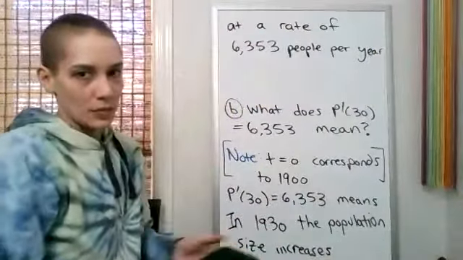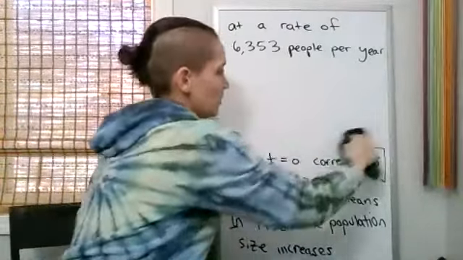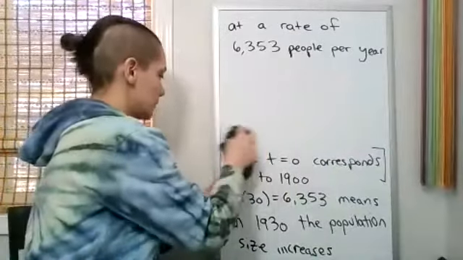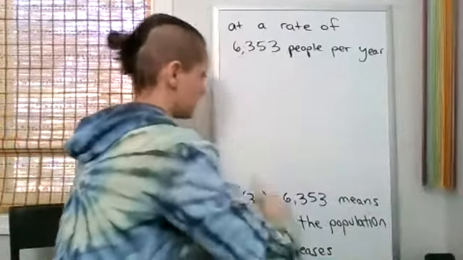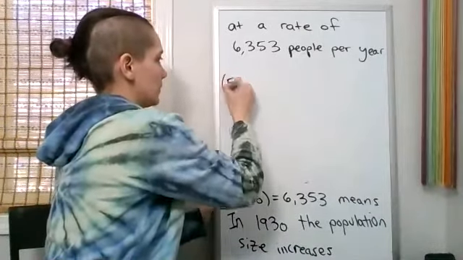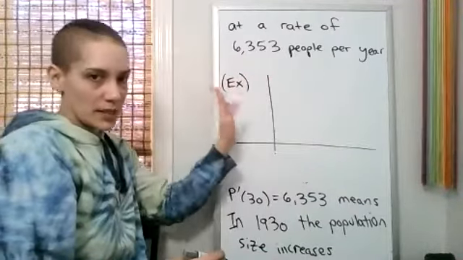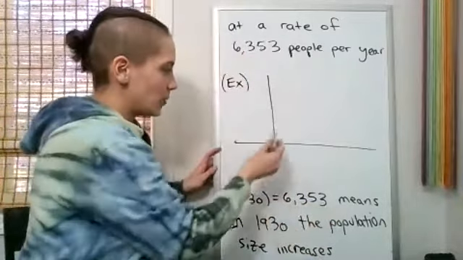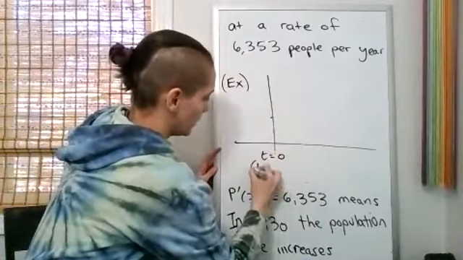And I made up a little sketch of what this might look like. So we will draw P of t, which is just a function for the population size. It's the same idea, but just a pretend function where you have some population here at t equals 0, or 1900.